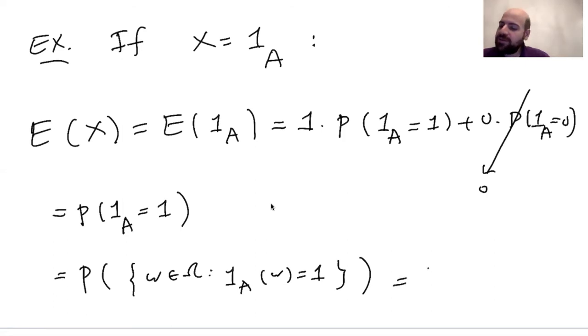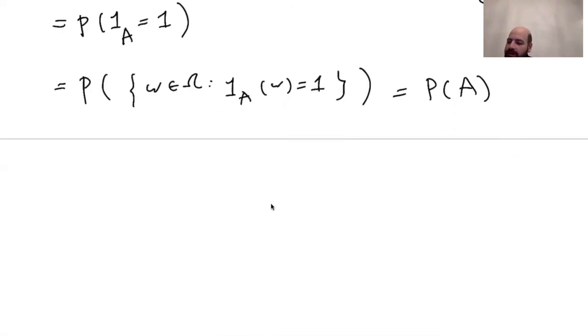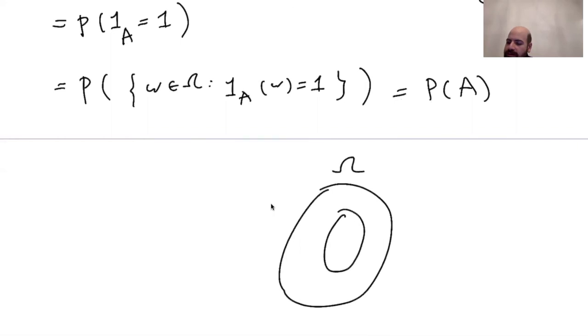So this is exactly P of A. See, if this is omega, and this is A, these elements here are mapped to 1, and elements outside are mapped to 0.